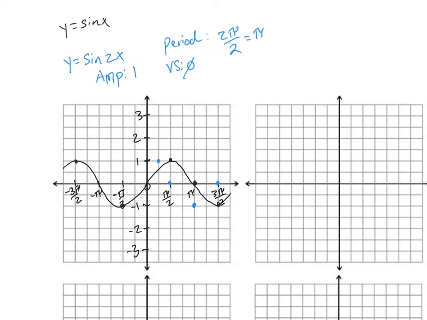So 0 will still be 0. What originally should be at pi should be there.